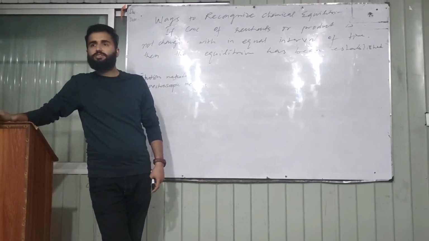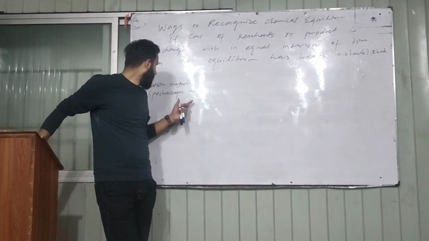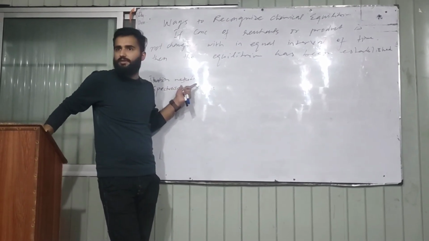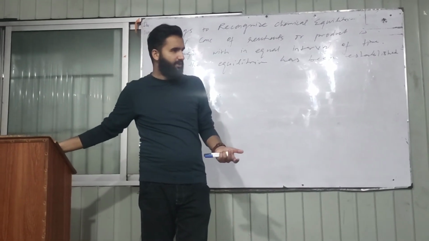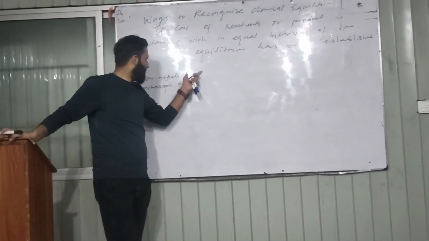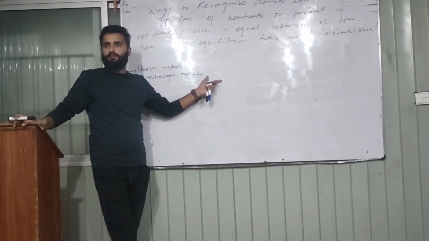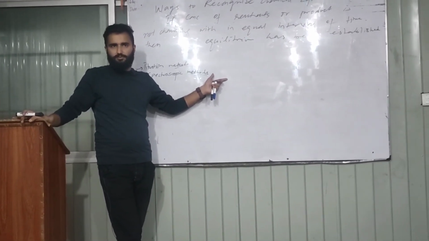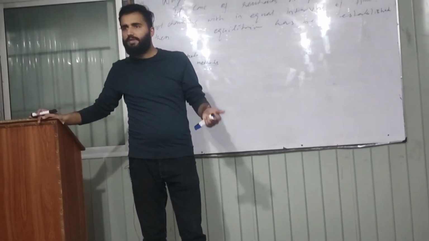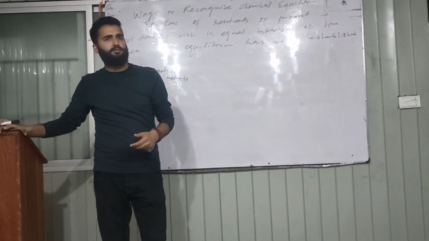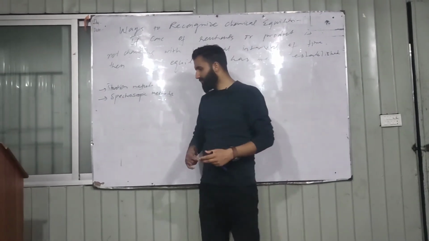You can measure it using spectroscopic methods or the titration method, by physical method or by chemical method. Concentrations are measured at equal intervals of time. If concentration is not changing, the system is said to be in equilibrium state.